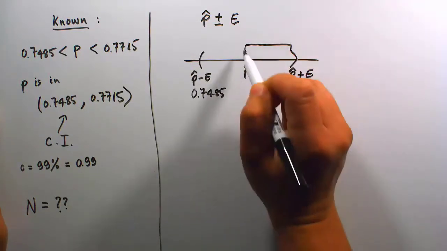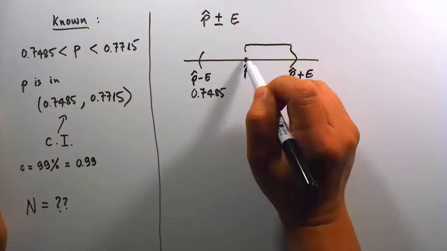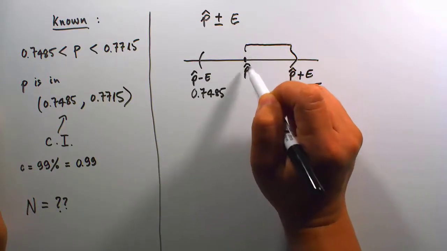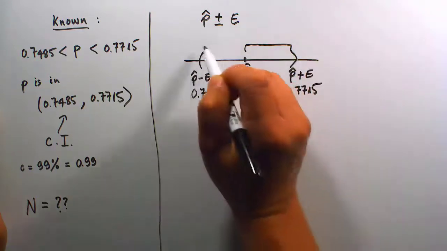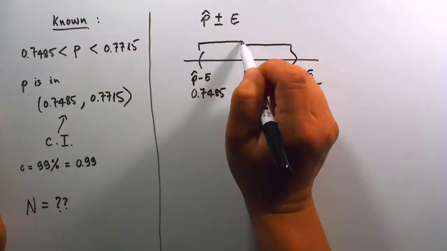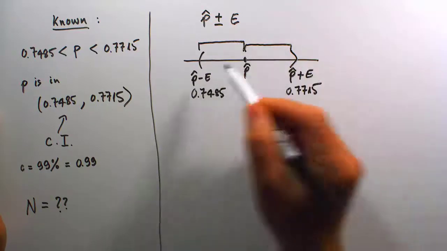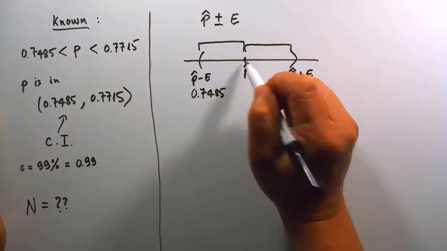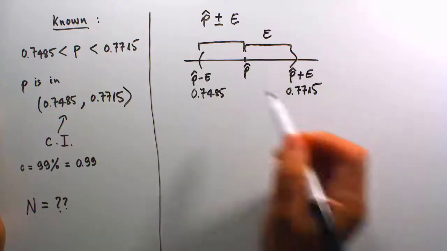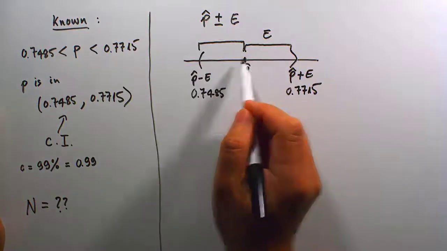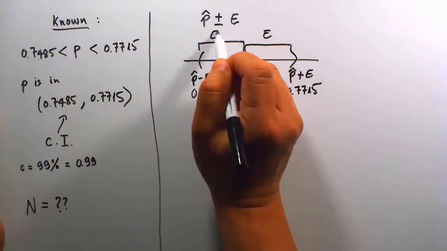the margin of error is simply the distance from p hat, the sample value right in the middle, to either end of the interval. So in other words, from p hat to the upper end, the high end, it's that margin of error, or it's the same distance from p hat out to the lower end.